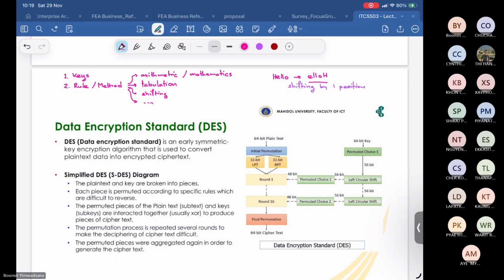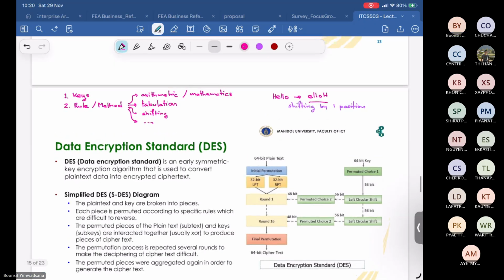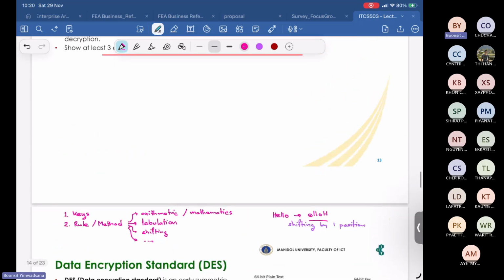So when we want to communicate with someone we don't know before, or if we want to have a secure communication with another system, then before we actually communicate, you have two persons.